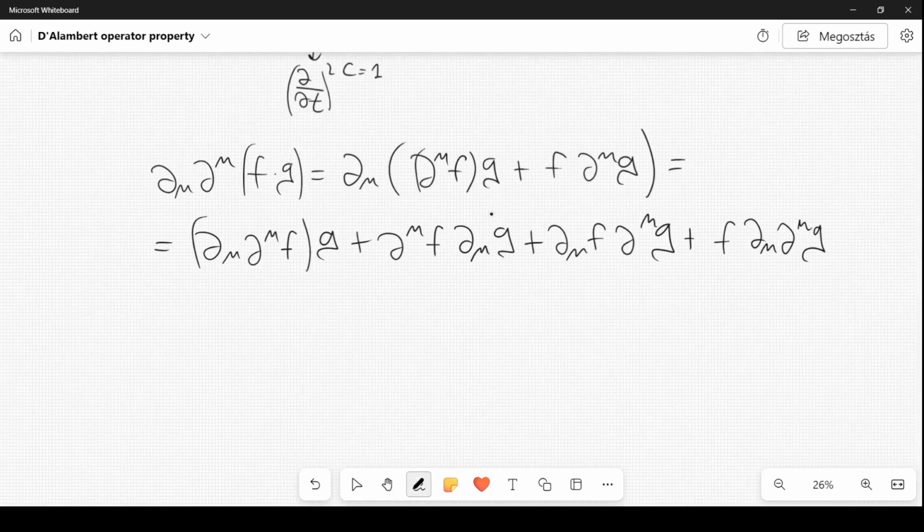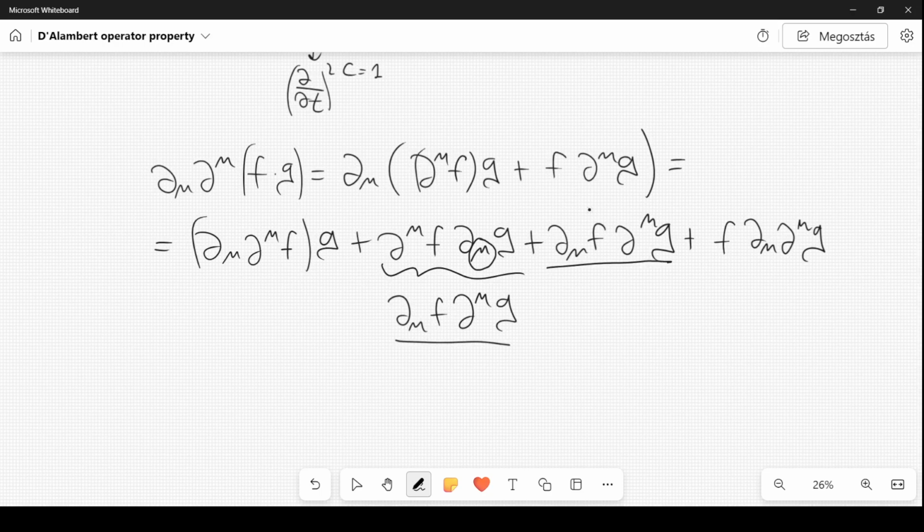Now, according to the properties of tensors, we can also, for example, rewrite this as d mu with the lower mu, and of course we have to raise this one. So we have d mu f d mu g, and then you can see that this quantity here appears twice. So this will give you twice d mu f d mu g.